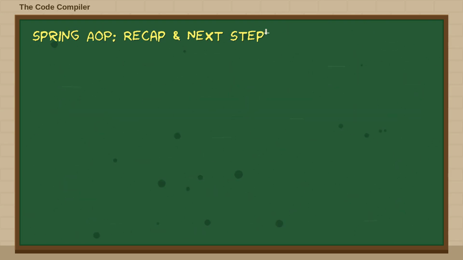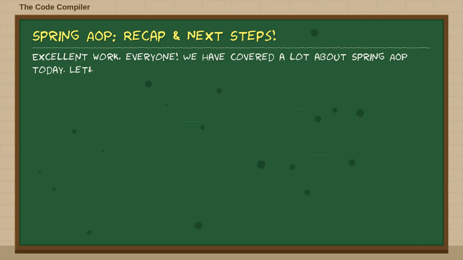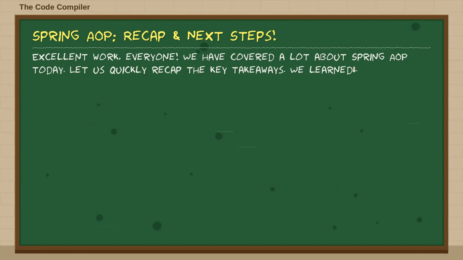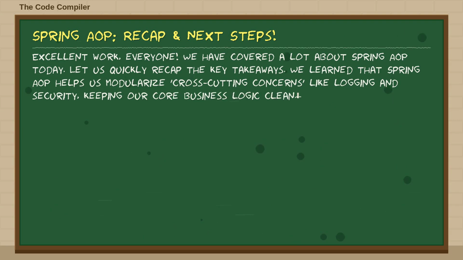Excellent work, everyone. We have covered a lot about Spring AOP today. Let us quickly recap the key takeaways. We learned that Spring AOP helps us modularize cross-cutting concerns like logging and security, keeping our core business logic clean.